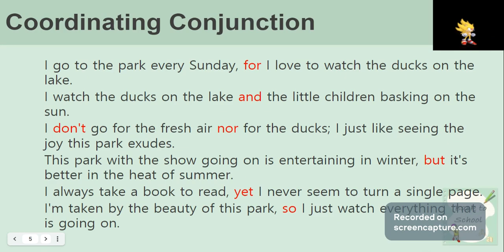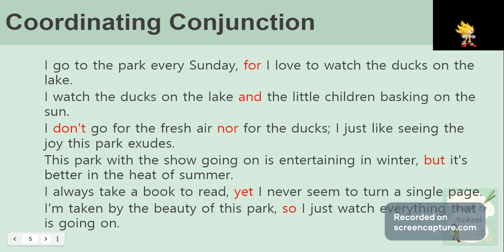Because if you can see here the third one, I don't go for the fresh air nor for the ducks, that is actually an independent clause. I just like seeing the joy this park exudes, independent clause. Okay. So, how about but? Actually, those are independent clauses.